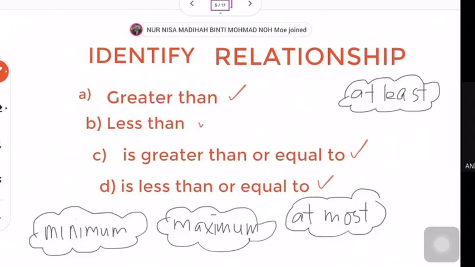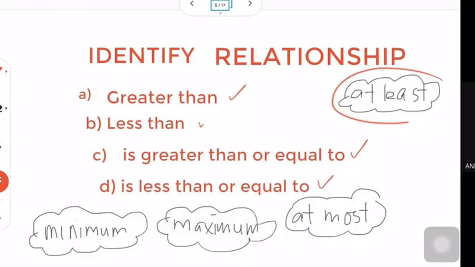But for C and D, and also if you notice, I wrote down few words here: at least, at most, maximum, minimum. So this also has implication on this.